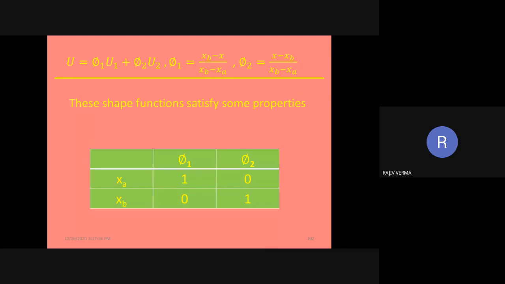The element can be 1 dimension, 2 dimension, or 3 dimension.